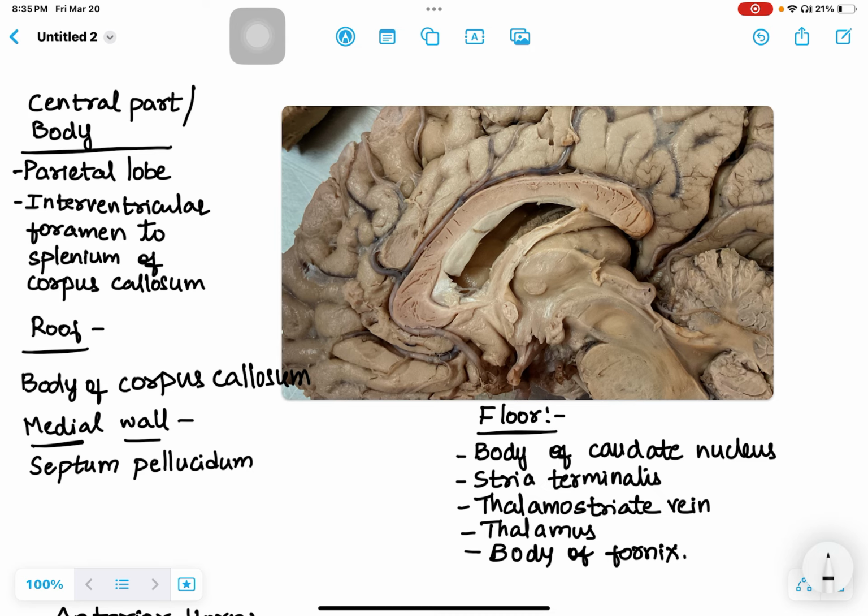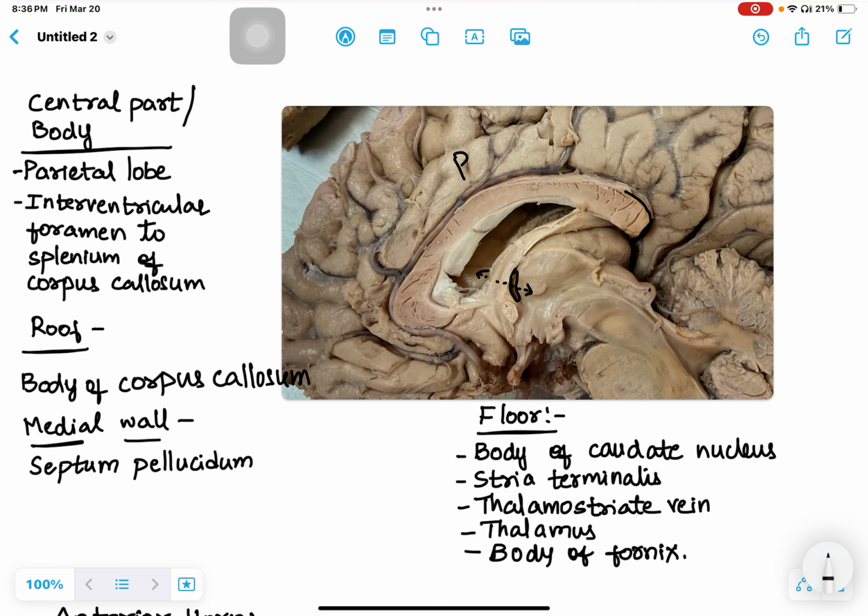So first we will discuss the central part. This central part is present in the parietal lobe. This is the parietal lobe, and it extends from the interventricular foramen. You can see a gap here. This is the interventricular foramen, and from the interventricular foramen anteriorly to the splenium.